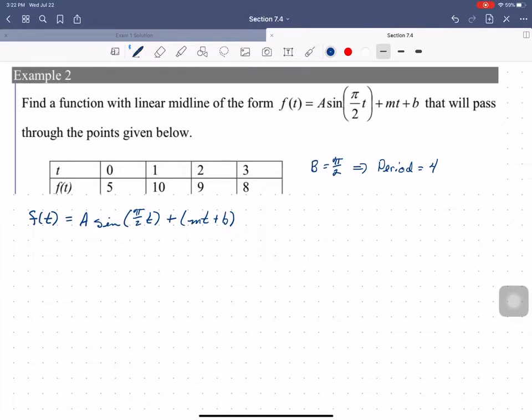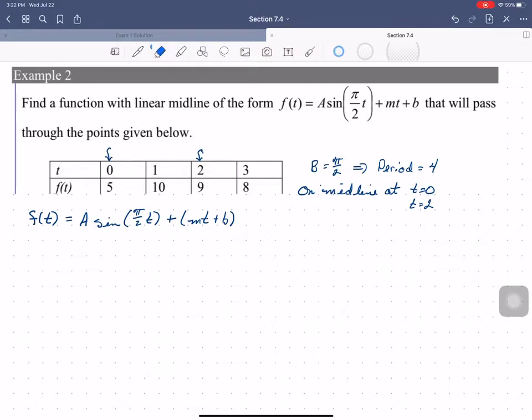I also know I'm working with a sine, which means that I land on the midline. So my function is going to be on the midline at t equals 0 and a half a period later, so at 2. In other words, this point and this point are on the midline.